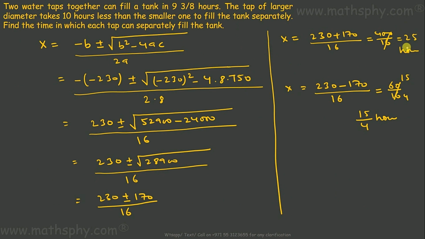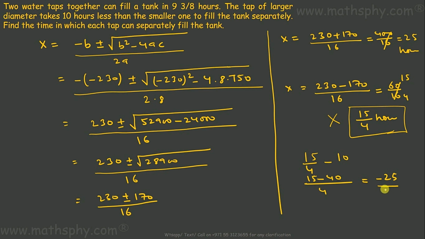Here x is 25 and this x is 15 over 4, which is less than 10. So this is not possible, because if I take this, then the larger diameter will take 15 over 4 minus 10, which is negative 25 over 4. Now time cannot be negative, so this is not possible.